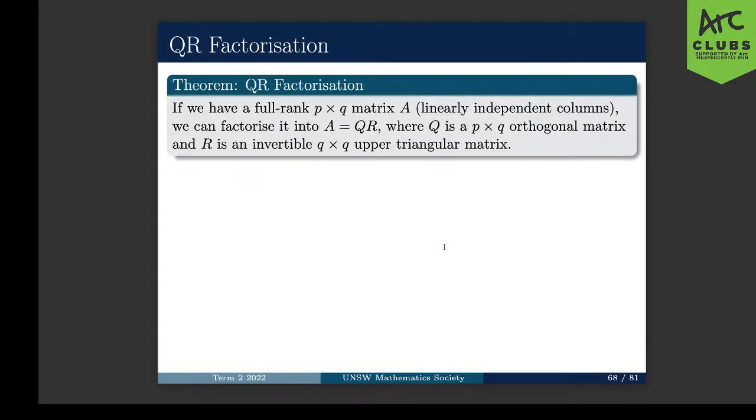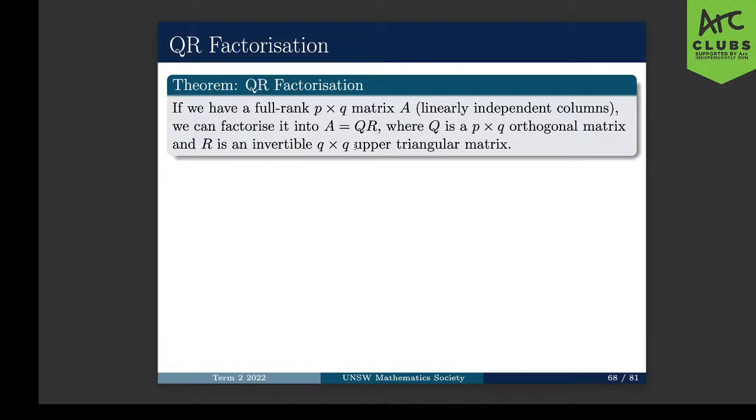Yeah, so let's move on to a new topic called QR factorization. What QR factorization is: if we have a full rank P by Q matrix, so a matrix with linearly independent columns, you can factorize it into two matrices, an orthogonal P by Q matrix, Q, and R, a big R, an invertible Q by Q upper triangular matrix.